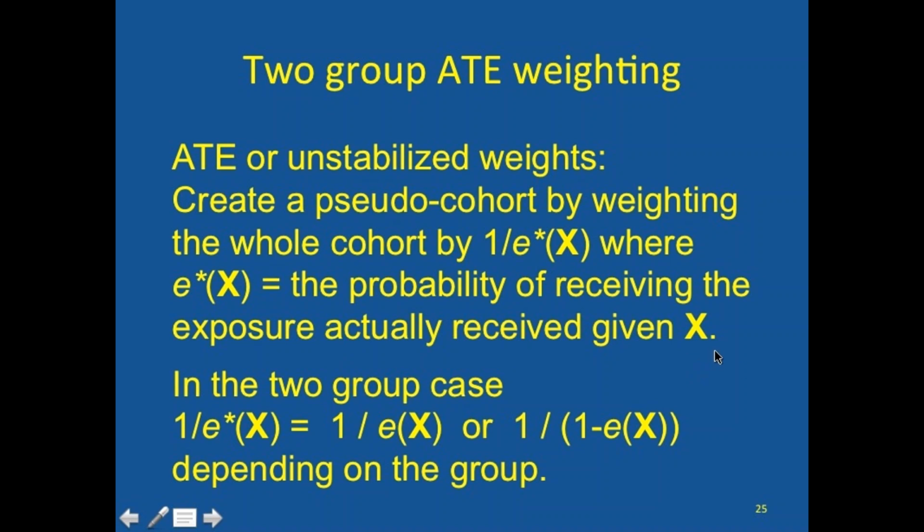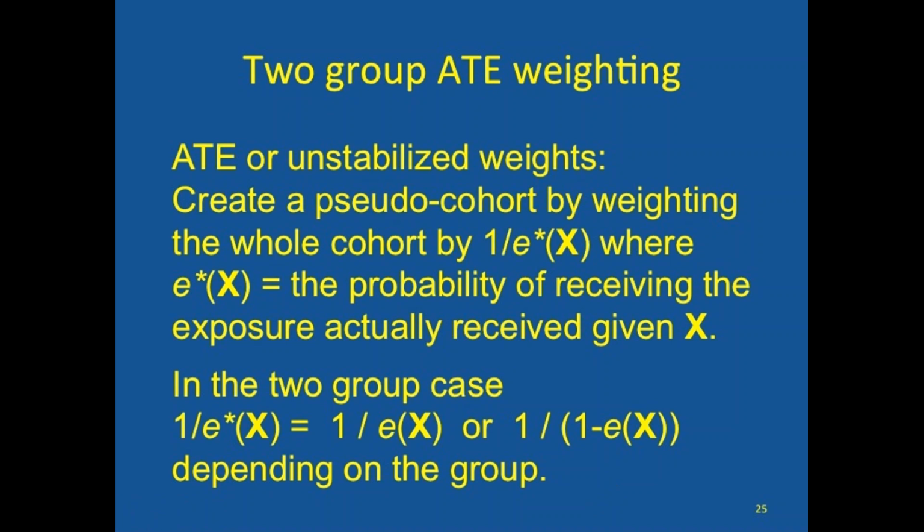So two subjects can have the same E of X, the same propensity score, but we're interested in the propensity score for what they actually received. So in a two-group case, this is either going to be 1 over E of X if that's the propensity of getting what they actually got, or it's going to be 1 over 1 minus E of X if they're in the other group. I want to make sure that sinks in for a second. I think I'm getting enough nods there, but that's okay.